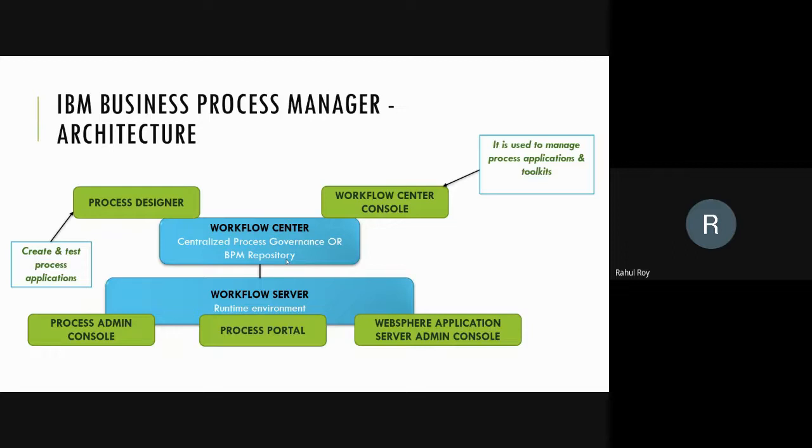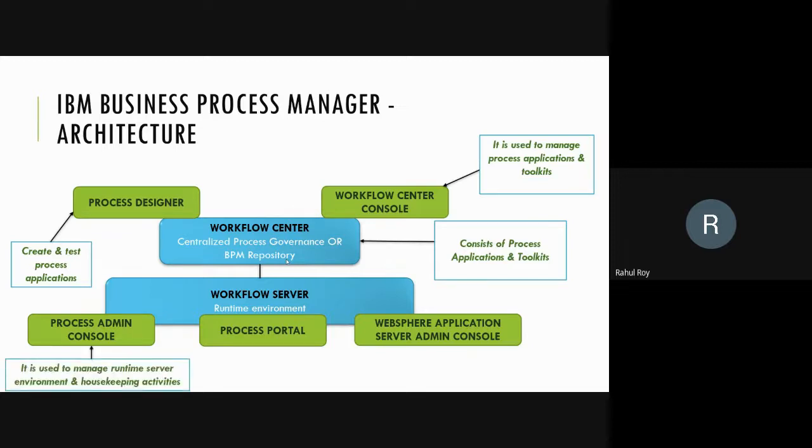Now this is all about my Workflow Center, which consists of process applications and toolkits. Now we come to the Process Admin Console. Before I move to it, we see one more component here, the Workflow Server, a very important component and, as you can see, the runtime environment of IBM BPM or IBM BAW.